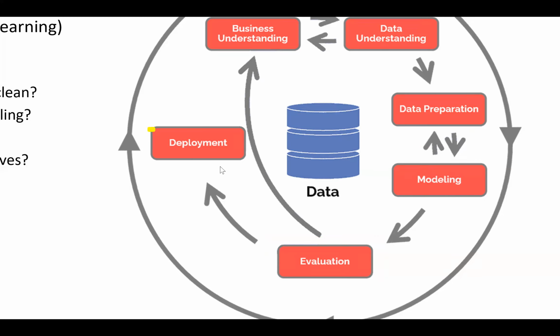Before deployment, before deciding it will be deployed in your sites or your day-to-day operations, you need to evaluate it well. If not, sometimes you need to go back to the first cycle, which is the business understanding. So those are the steps of CRISP-DM.